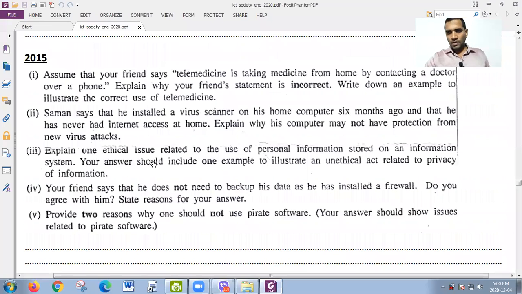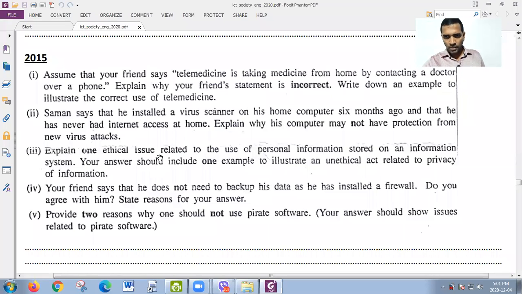Explain one ethical issue related to the use of personal information stored on an information system. Your answer should include one example to illustrate an unethical act related to privacy of information. I repeat it.